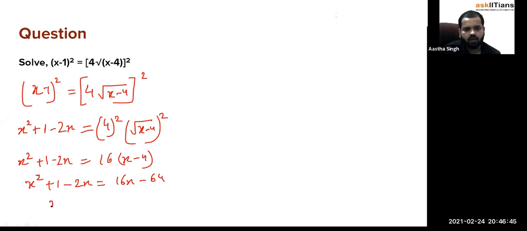So your x square will be equal to your minus 2x will go to your RHS and it will become plus 2x. So 16 plus 2 will be equal to your 18x, right? And minus of 65.